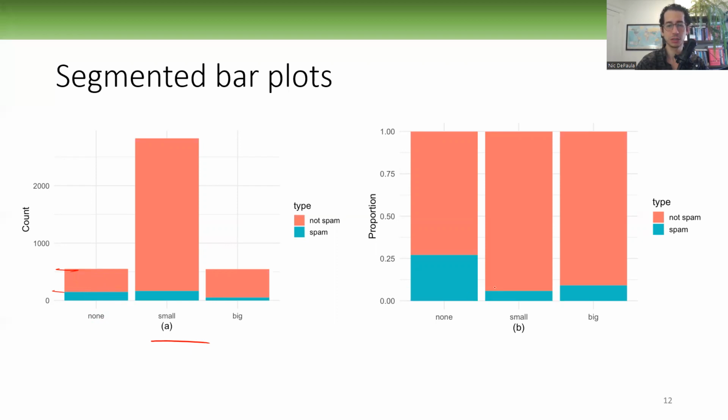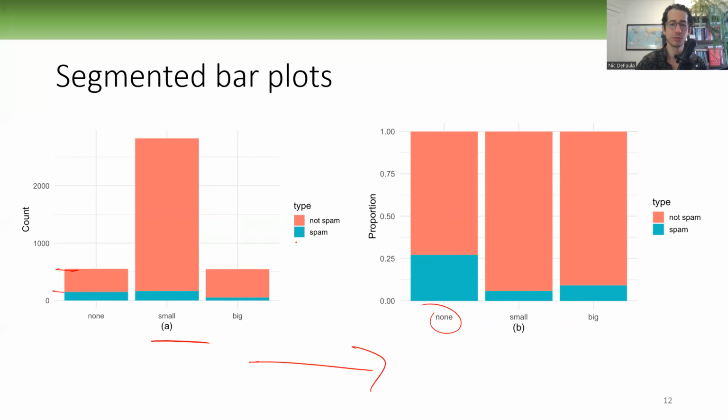Now it's much easier to look at it when we have proportions. Here we clearly see that about 25% of emails that have none are spam, and 75% of the emails that have none numbers are not spam. And notice how the range here really changed between these two graphs, between the actual count and the proportions.